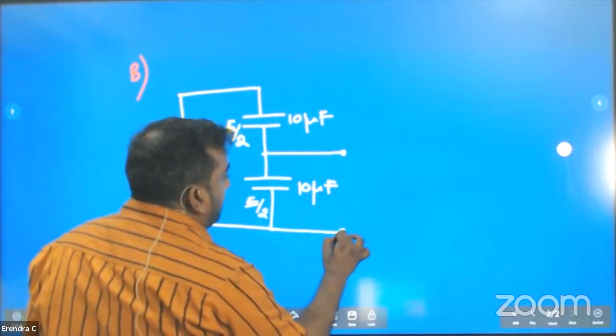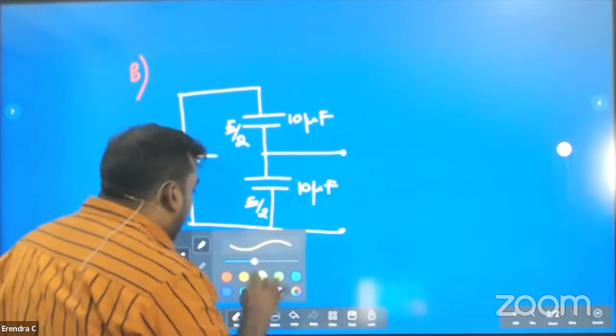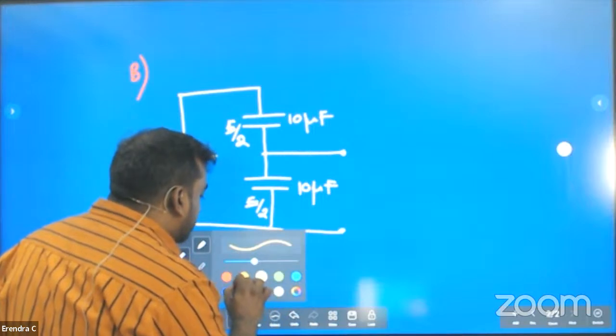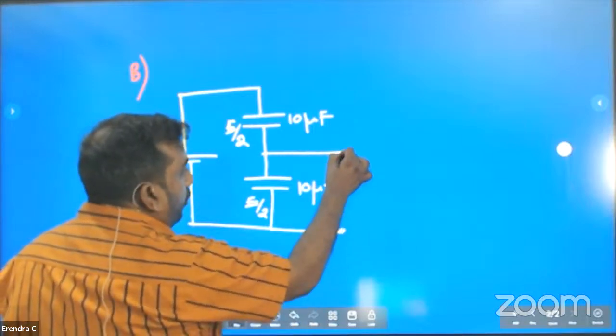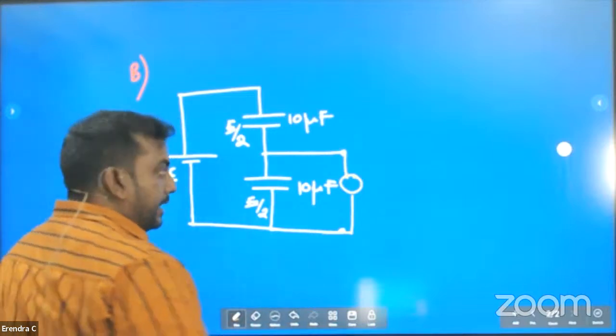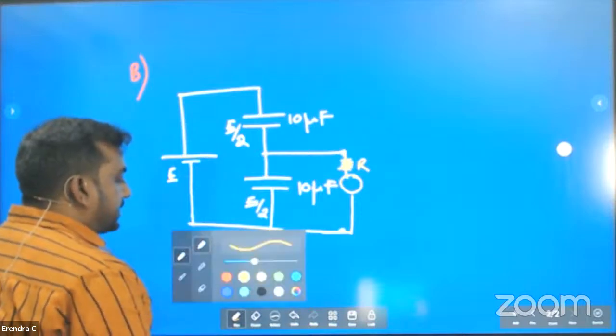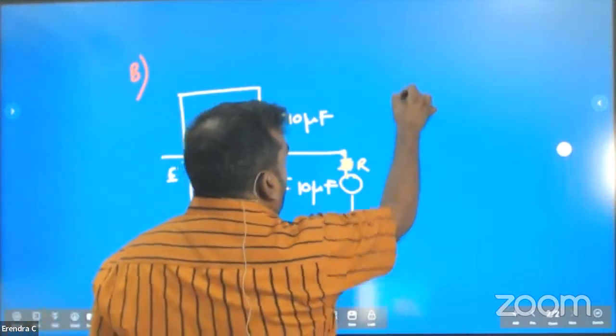Now you have terminals. We are connecting a finite voltmeter. Finite voltmeter means here there is a voltmeter, where there is a resistor.